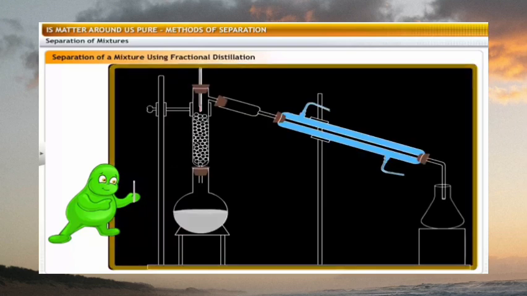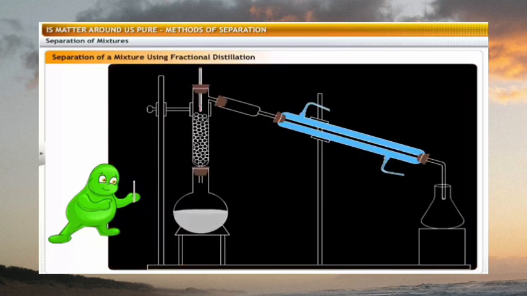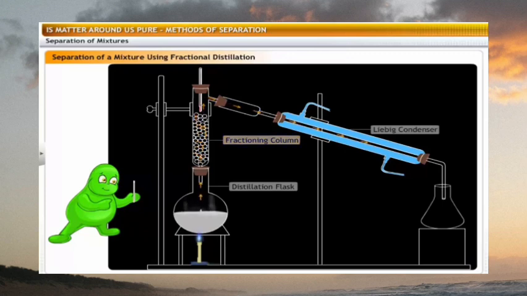As you can see in the diagram, the apparatus is almost the same as used in distillation. The only difference is that a fractioning column is fitted in between the distillation flask and the condenser. A simple fractioning column is made up of a tube packed with glass beads.